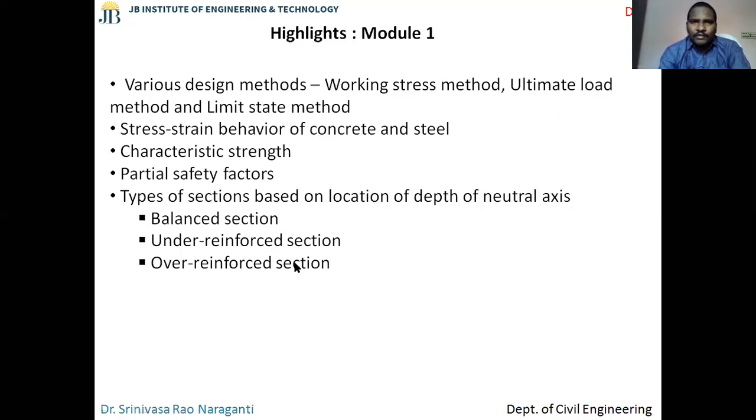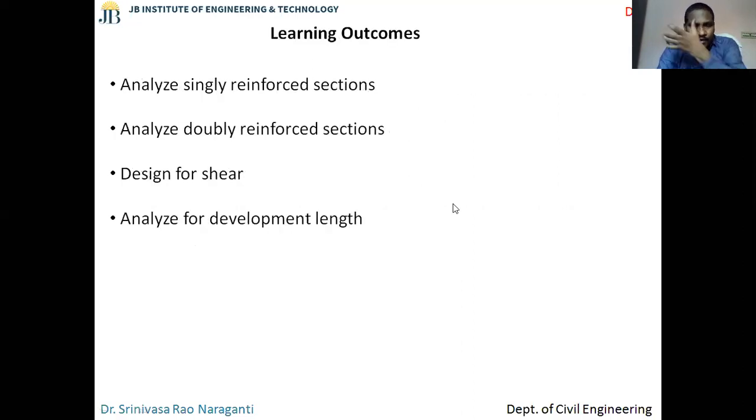Now in this class, here are today's learning outcomes. By the end of the class, you will be in a position to analyze single reinforced sections. When I say analyze, we will be given dimensions and reinforcement, and you will compute the moment of resistance of the given section.